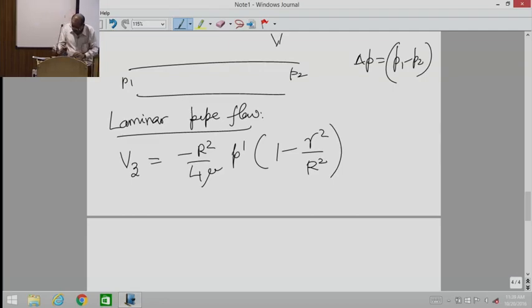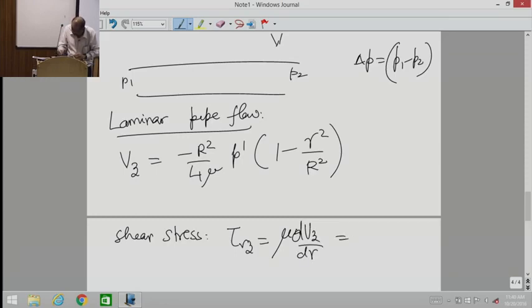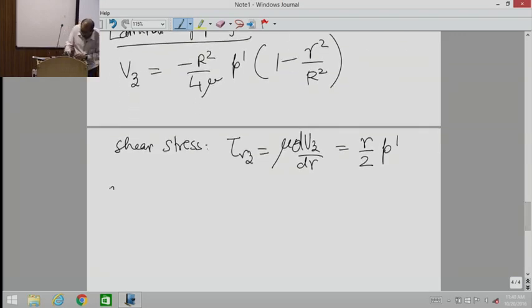Now if we work out the shear stress in the laminar flow, we can write it as tau Rz, which will be equal to mu dVz by dr, and this turns out to be equal to R by 2 times P prime, and flow rate is equal to integral Vz 2 pi R dr.